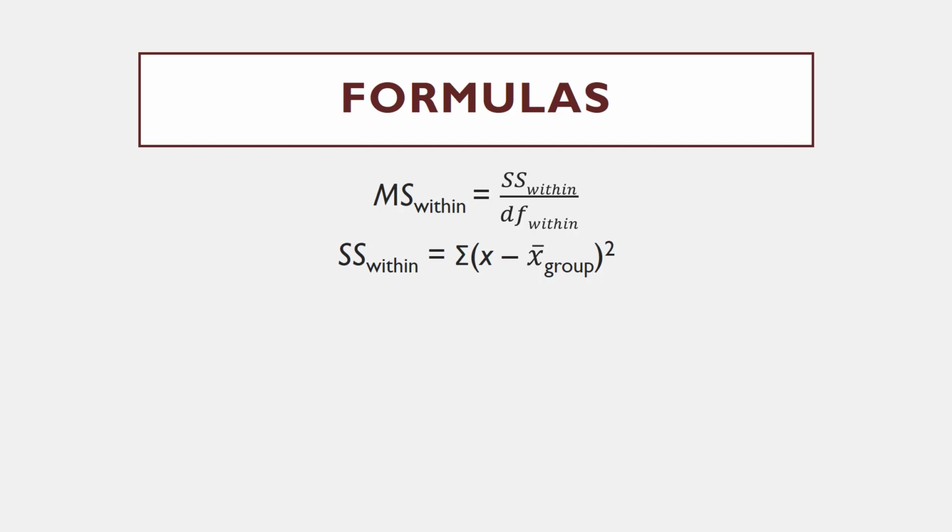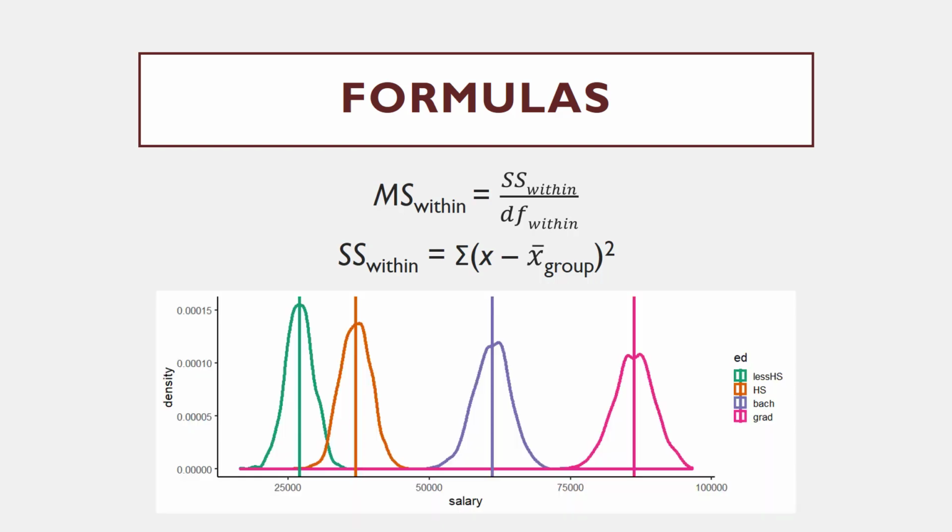For the mean squares within, this is going to be similar to what we've done before. We still have to do it for each individual. And again, we'll show you that in Excel in the second video. And what we're going to do is sum the squared deviations of the individual from their group mean. And you will have to adjust it so that you use the appropriate group mean.